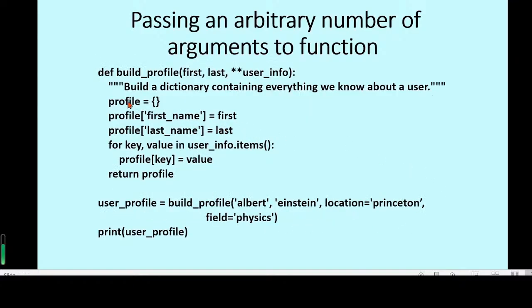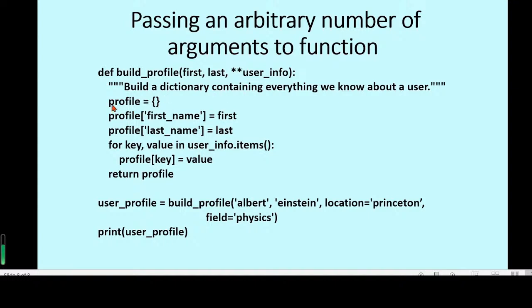So in this function's definition, this function called build_profile, we have two parameters called first and last. These are like normal parameters. Then there is **user_info. This will be stored as a dictionary in the function.